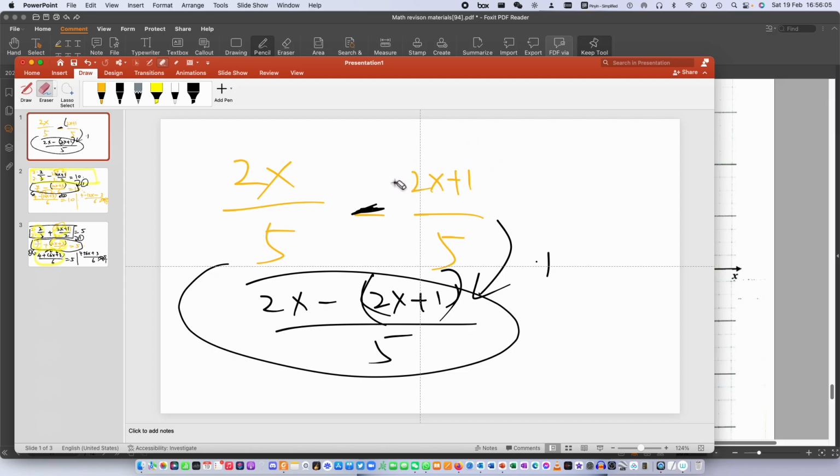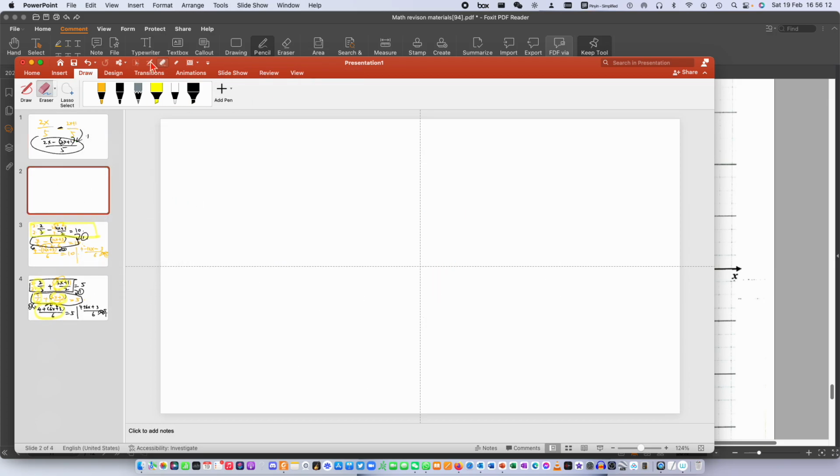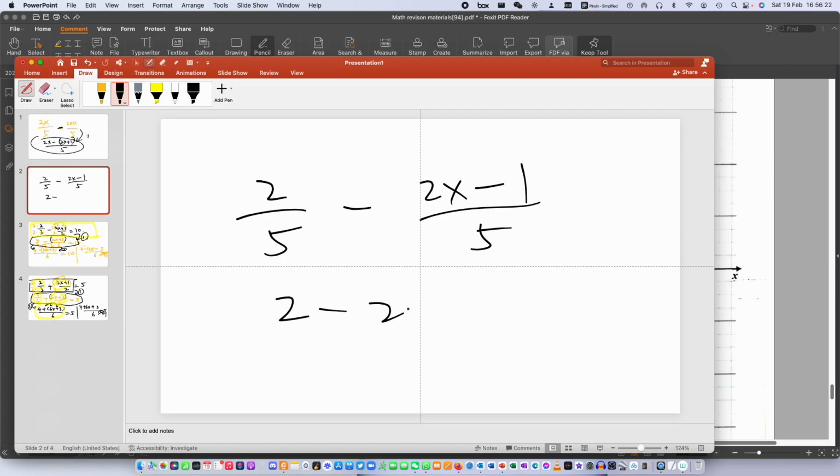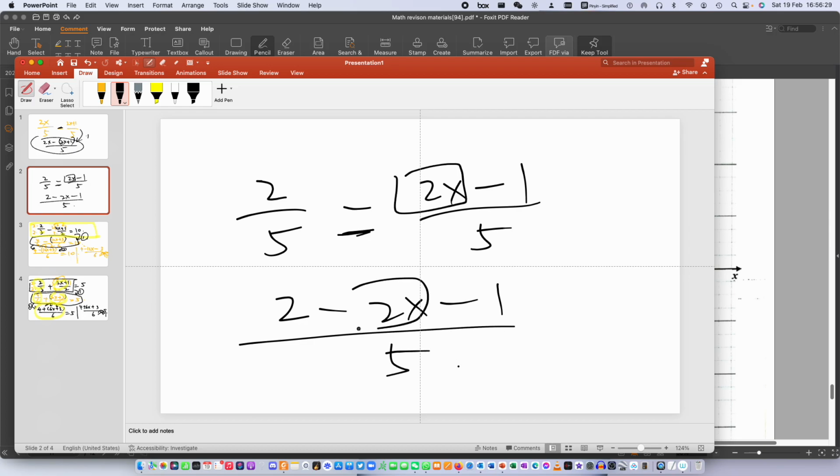Okay, let me just give you one more example. No bracket. So you have the same denominator already, right? You don't put a bracket, right? You minus what? You minus the 2x only, while you are supposed to minus the entire thing.